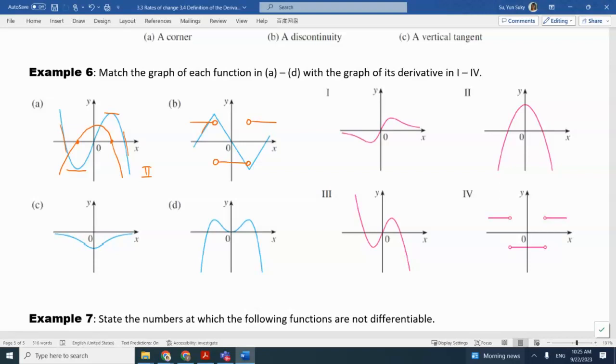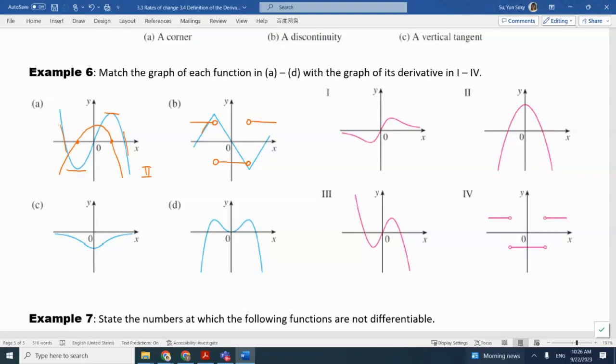Sure. Okay, so we look at this piece. Do you see it's a line? So the slope is a positive number, so it is a constant. Positive means it's above the x-axis, and it's constant. Constant function is a horizontal line; the y remains the same.